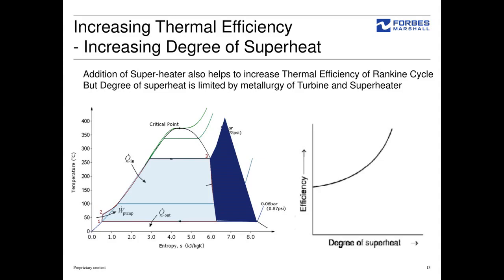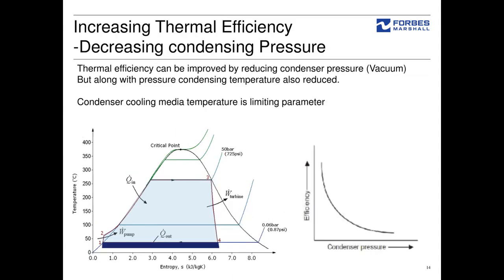It also yields additional work output because we are going from point 3 dash to 4 dash. This dark blue area is the additional area. So whatever heat you are adding is also helping us to increase work output and overall efficiency of the power plant.